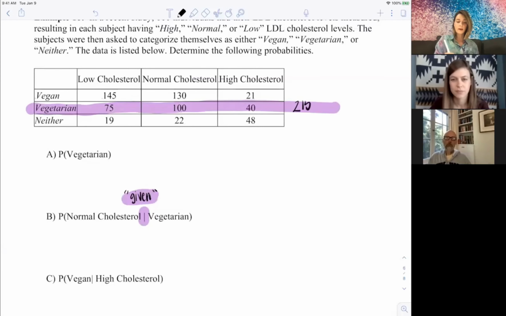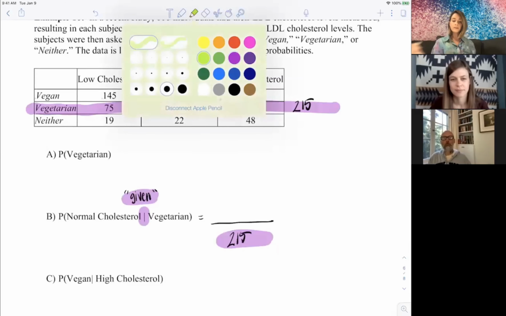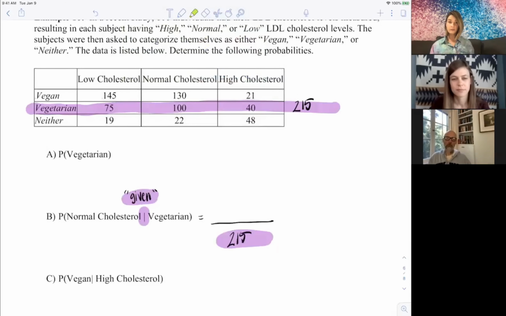And remind me how many total vegetarians there were? 215. Great. Since probability is the part you're interested in out of the total in your circumstance, the total in our circumstance has shrunk because instead of 600, we're now only looking at 215 people. We want to know what's the probability that they have normal cholesterol.